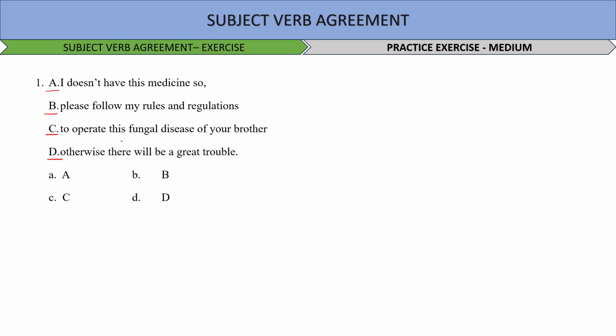The moment we read part number A, we are able to understand that I will take the plural verb don't here. Other parts are grammatically correct, only this one was incorrect.